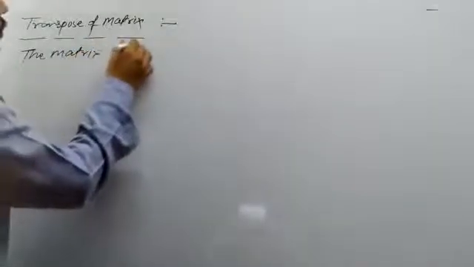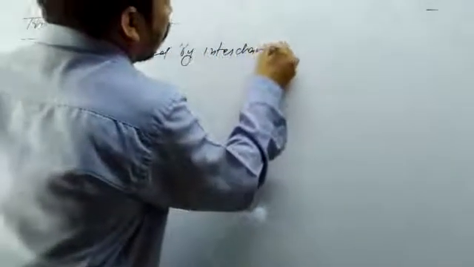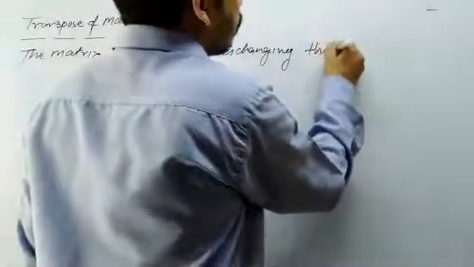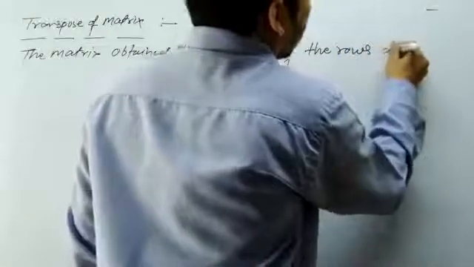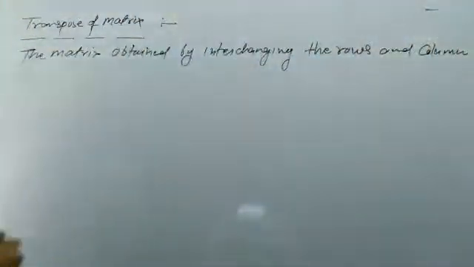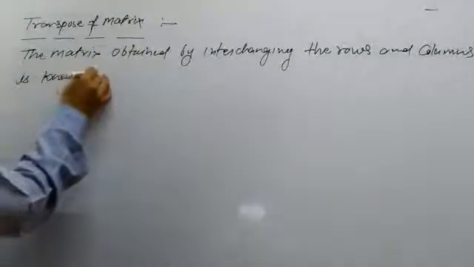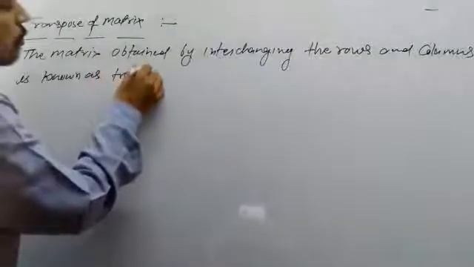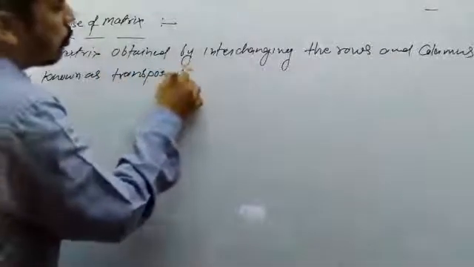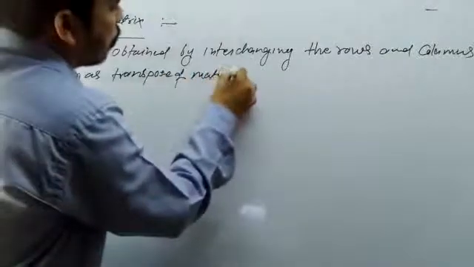The matrix obtained by interchanging the rows and columns is known as transpose of matrix.